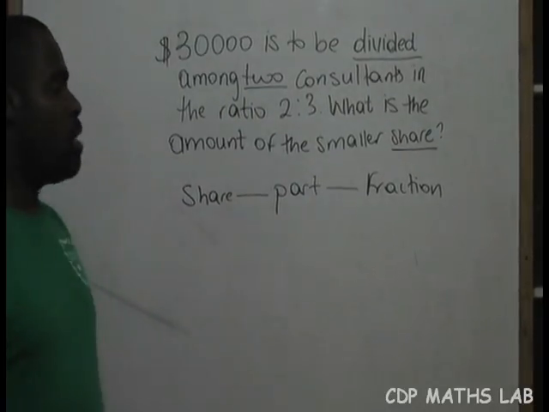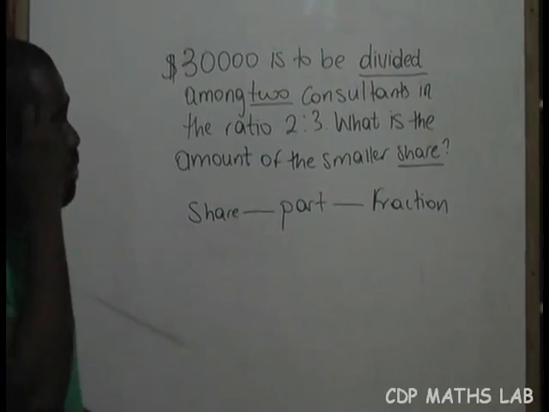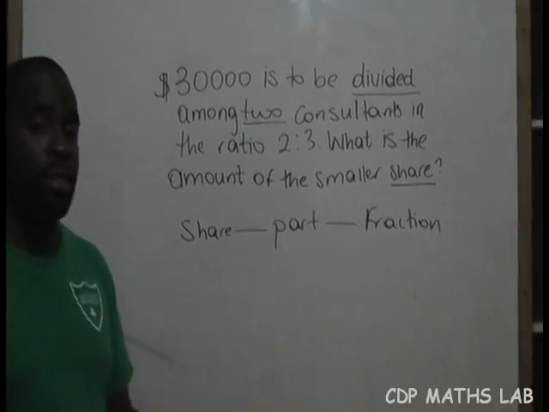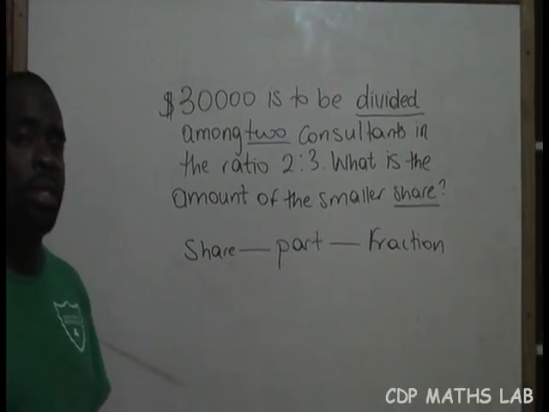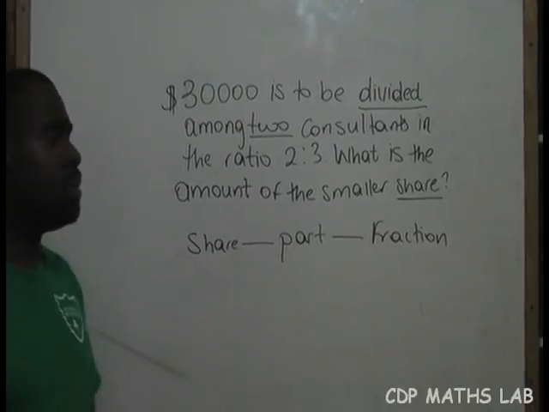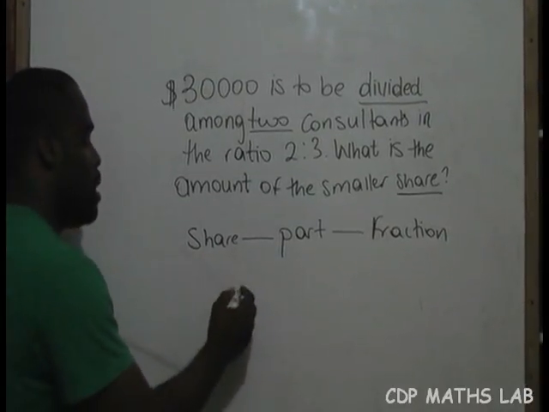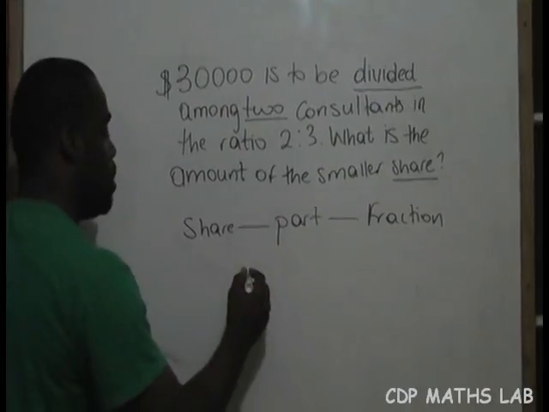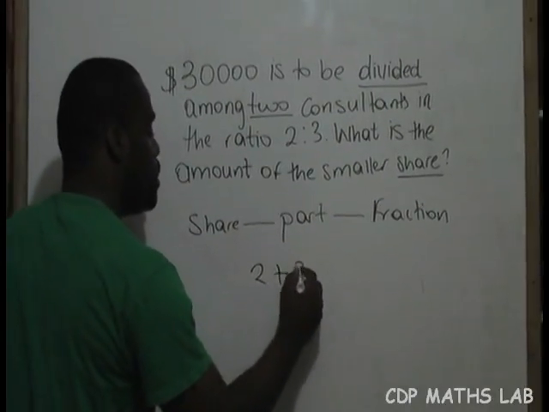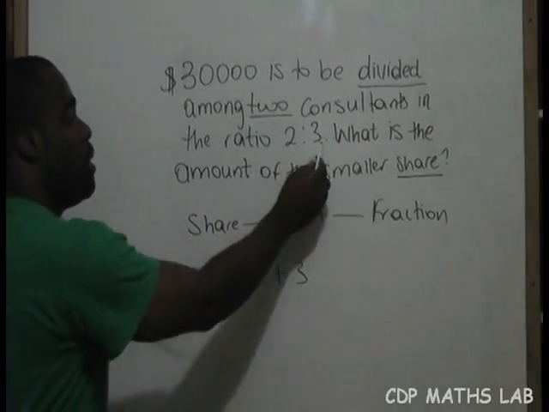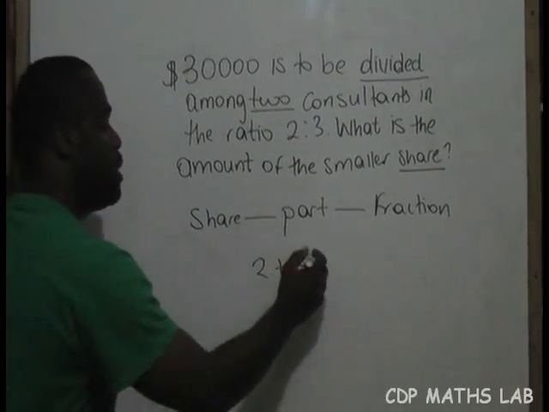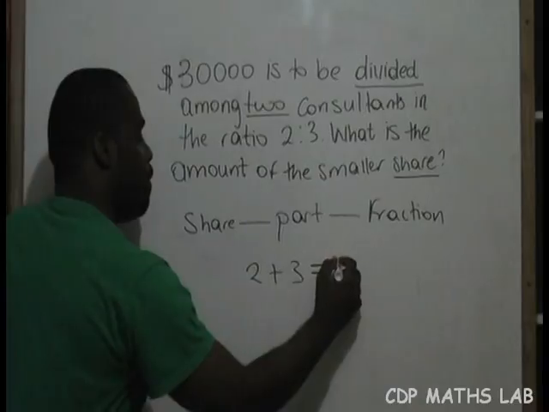Good? Now, there are different ways of solving this ratio, and we're going to look at it. But let's look at one of the easy ways that your textbook may have shown you. One way that persons would use is that they would add the numbers in the ratio, and therefore you'd add 2 and 3, and then your answer here would equal 5.